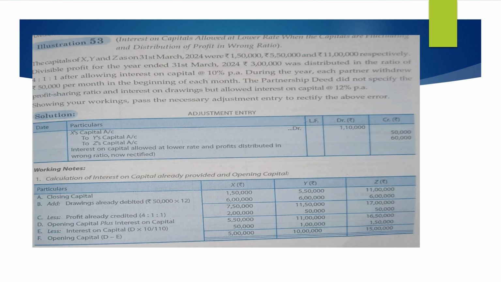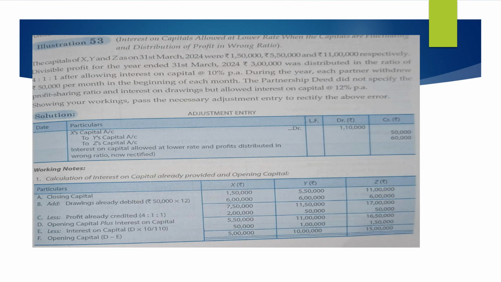We get opening capital plus interest on capital. Because it is at year end and they have not given the interest on capital separately, that is the reason we are calculating the opening capital with interest on capital. Now X's opening capital including interest on capital is 5,50,000, Y's is 11 lakhs and Z's is 16,50,000.